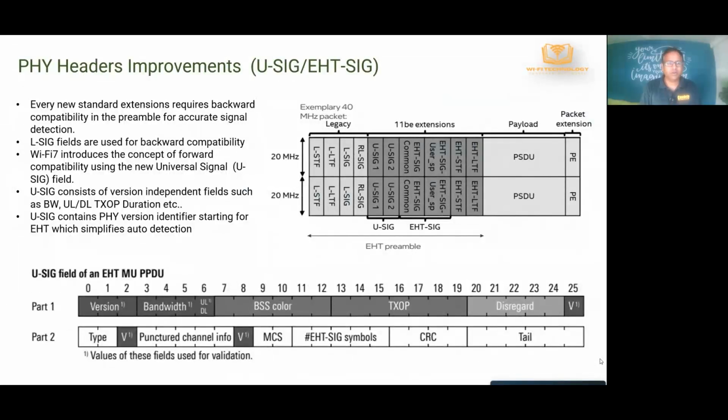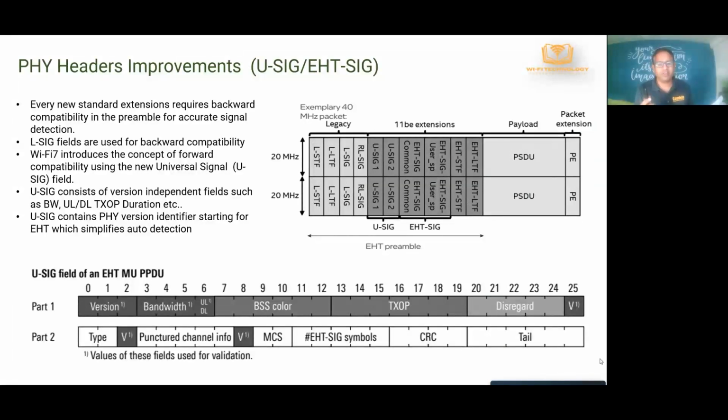Okay, so when we look at the physical headers, now if you followed some of the previous sessions, we talk about backward compatibility. One of the coolest features in Wi-Fi is that any new technology supports backward compatibility. So let's say you have a phone, and my phone is like 3 or 4 years old.